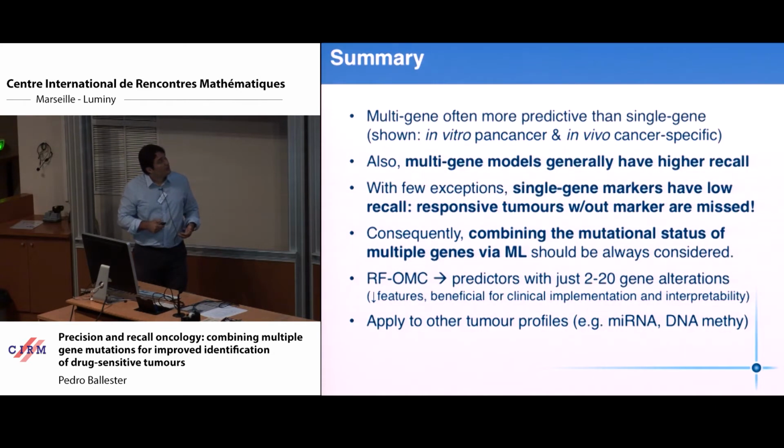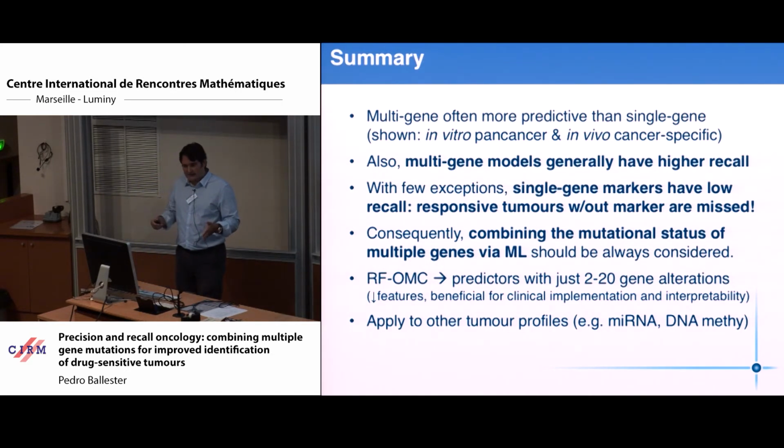So just to sum up, what we have seen is that multi-gene models often are more predictive than single-gene markers, and we have shown this in vitro with pan-cancer data and in vivo with cancer-specific data.